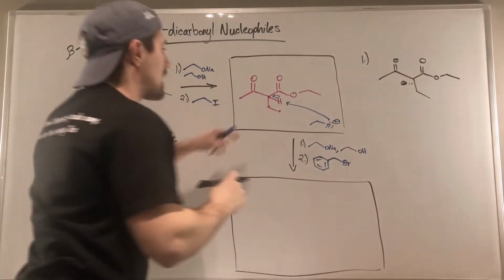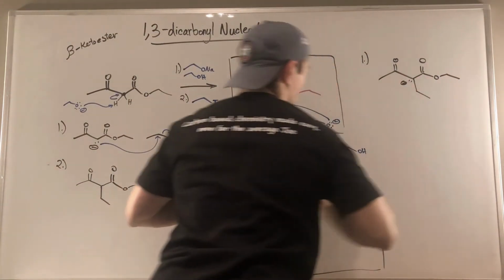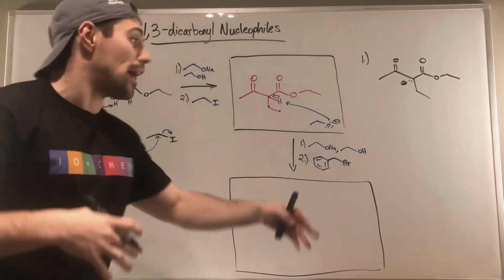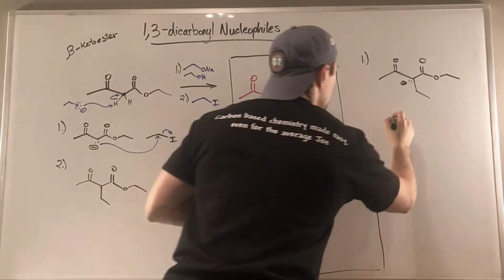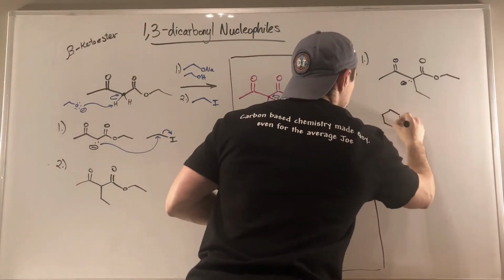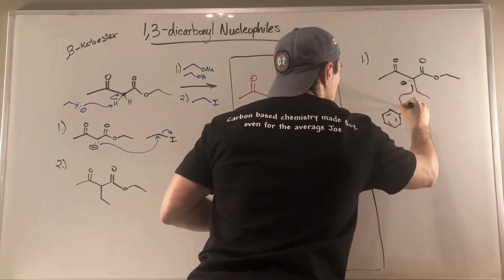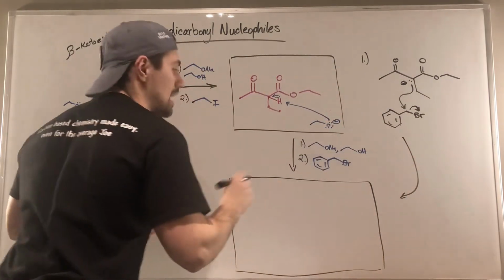Didn't touch anything except the proton on that carbon. How do we draw this lone pair a little bit better? There we go. Then, step 2, enter in a good electrophile, something that is prime for nucleophilic attack. So, this is our answer in the box.